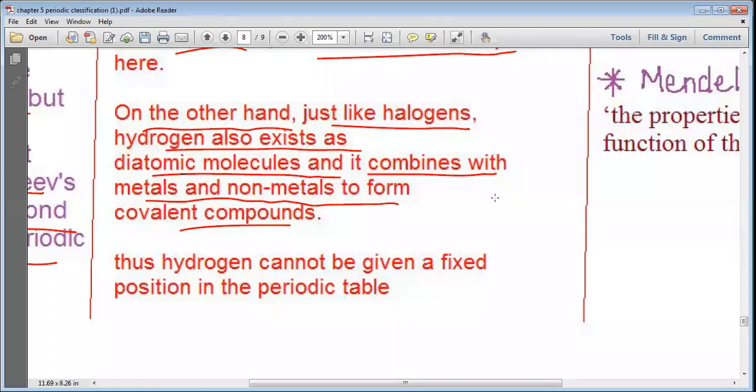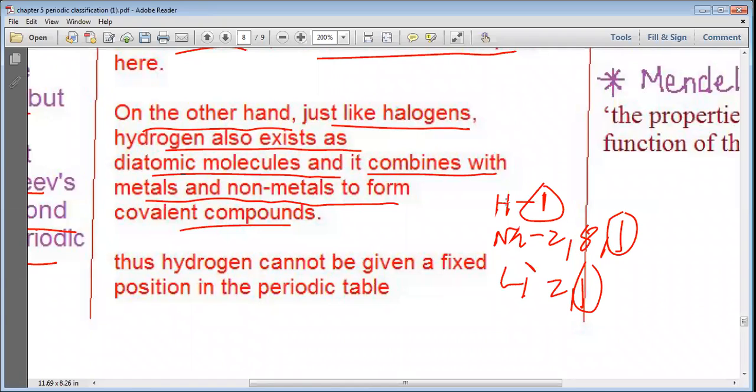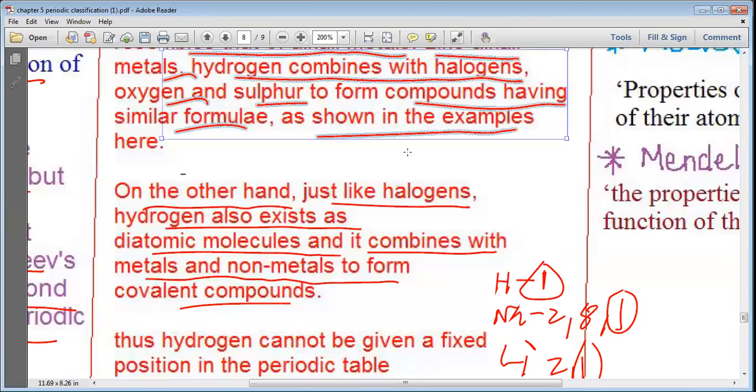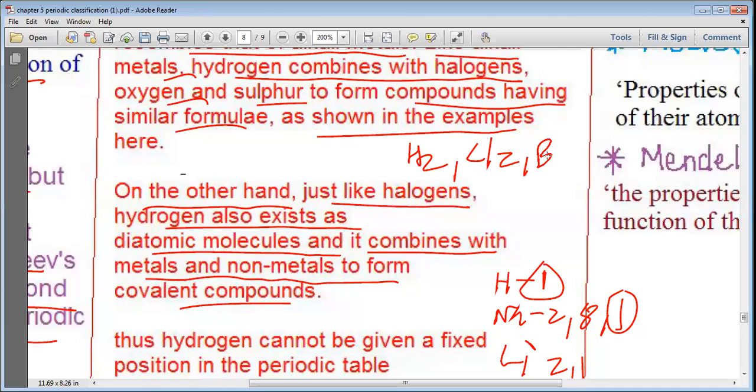If we look at the electronic configuration of hydrogen, it is 1. Sodium is 2, 8, 1, and lithium is 2, 1. So the number of valence electrons of hydrogen is similar to the alkali metals. And if we look at the compounds, hydrogen is diatomic, as Cl2, Br2 and F2 are also diatomic.